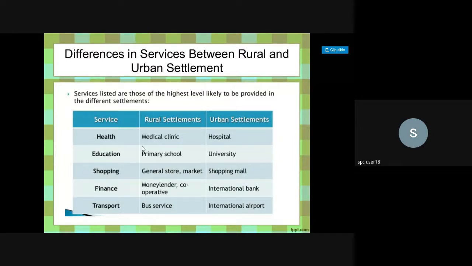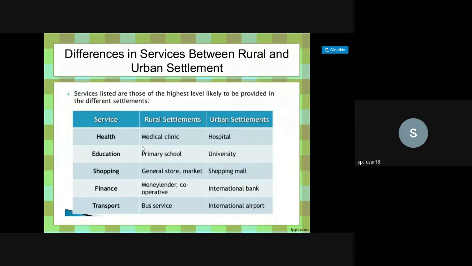For shopping purposes, you'll see general stores and markets, etc. I just said that urban areas are famous for shopping malls, etc. When it comes to financial things, cooperatives and money lenders are the prime components of finance in rural areas.